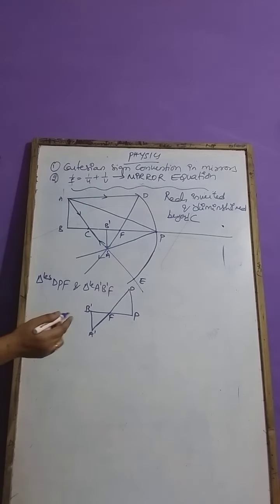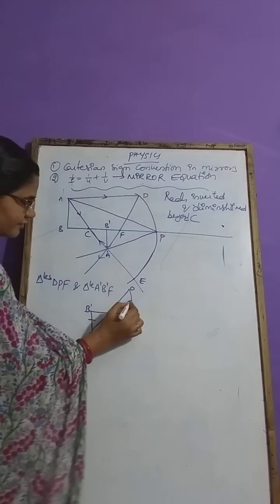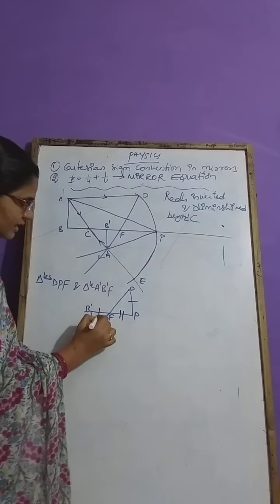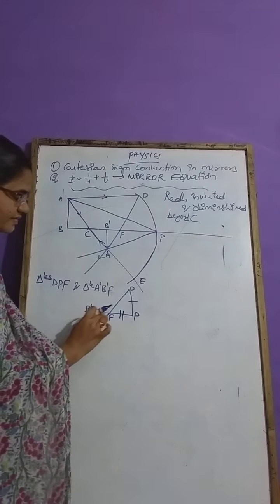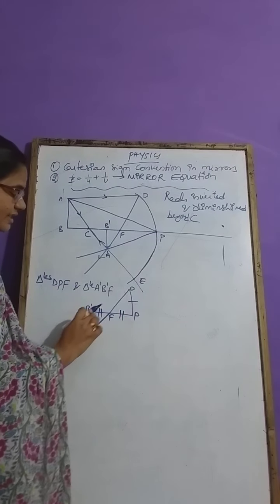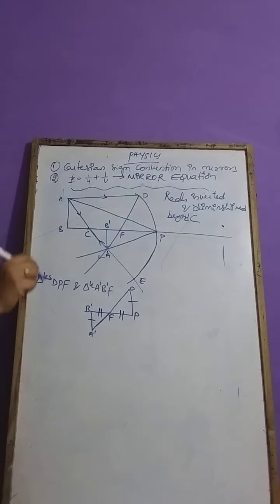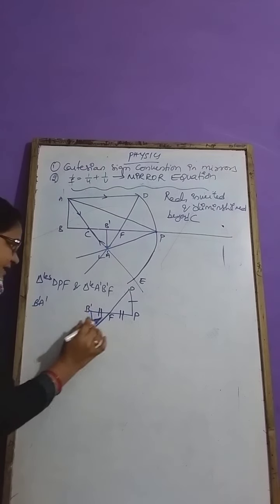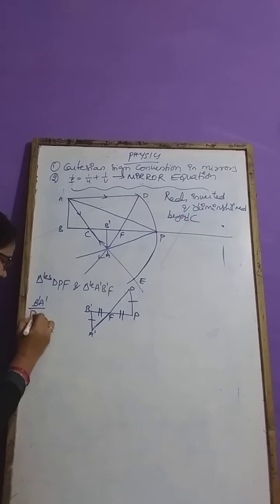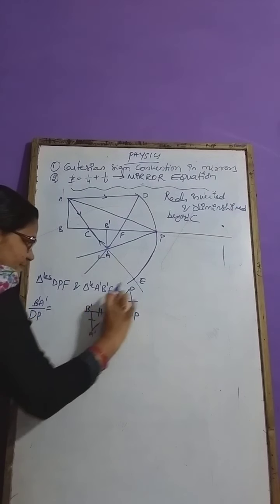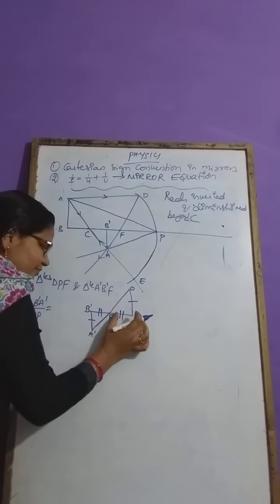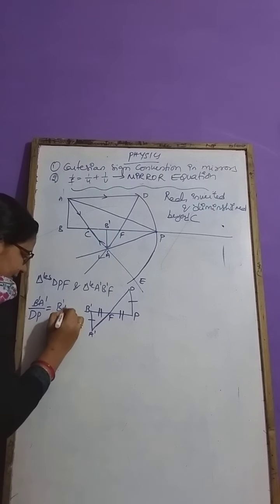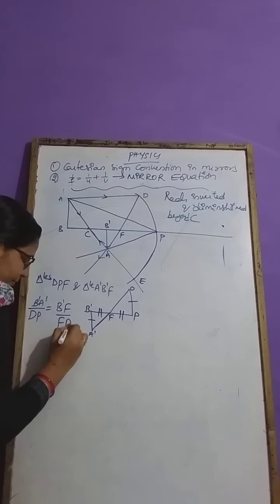So from the principle of similarity, the ratio of their corresponding sides should be equal. So the ratio of these two sides should be equal to the ratio of these two sides. From the similarity principle, I can write B dash A dash by DP is equal to B dash F by FP.